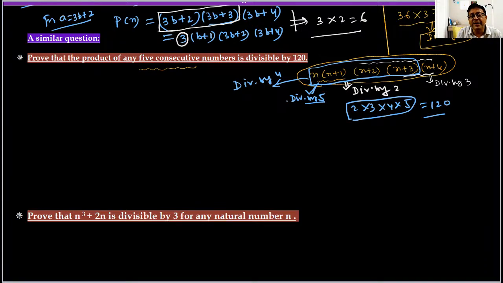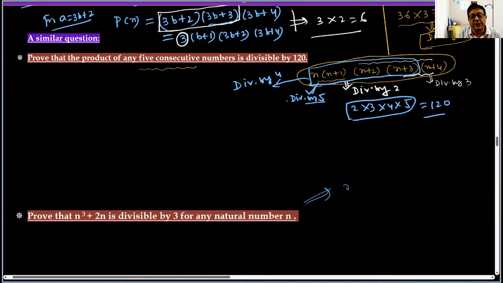If you factorize it, then n cube plus 2n will be n into n square plus 2. So the method of product of two consecutive being divisible by 2, product of three consecutive being divisible by 3 is not going to work.